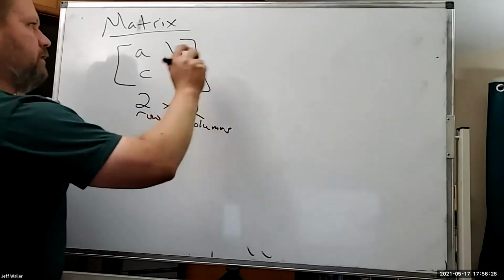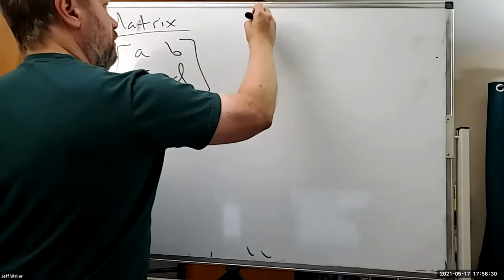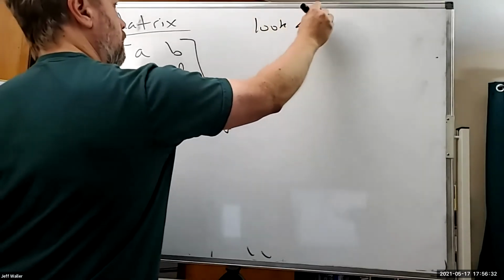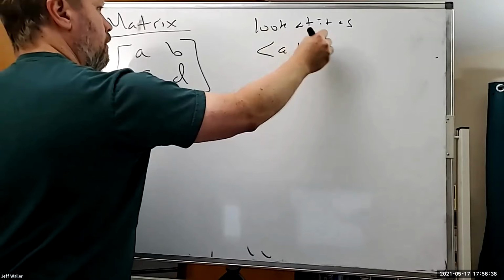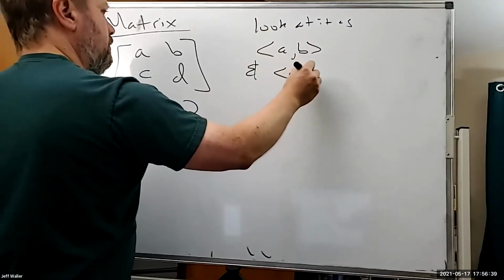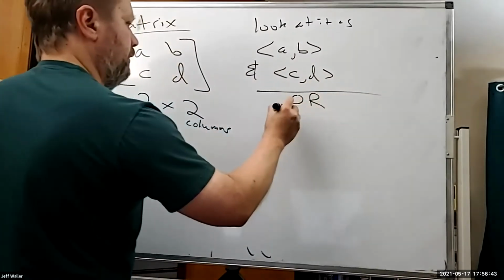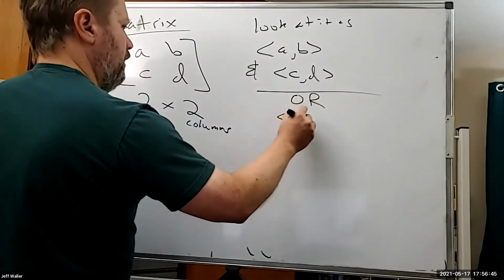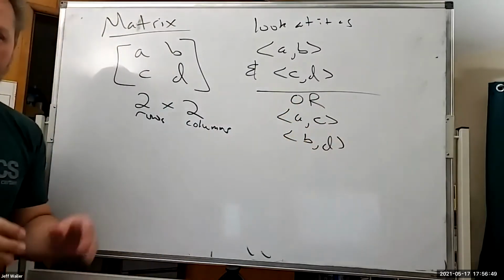This can be looked at in a couple different ways. I can look at this as the vectors A, B, and C, D. Or I can look at it as the vectors A, C, and B, D. I think I said this last time.